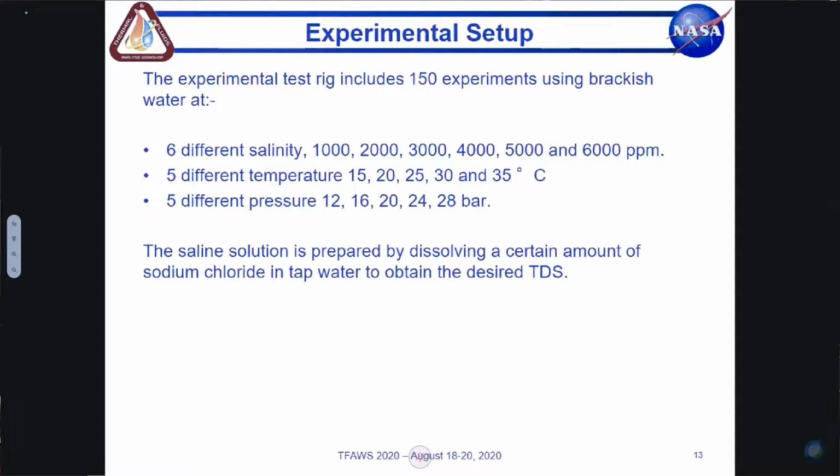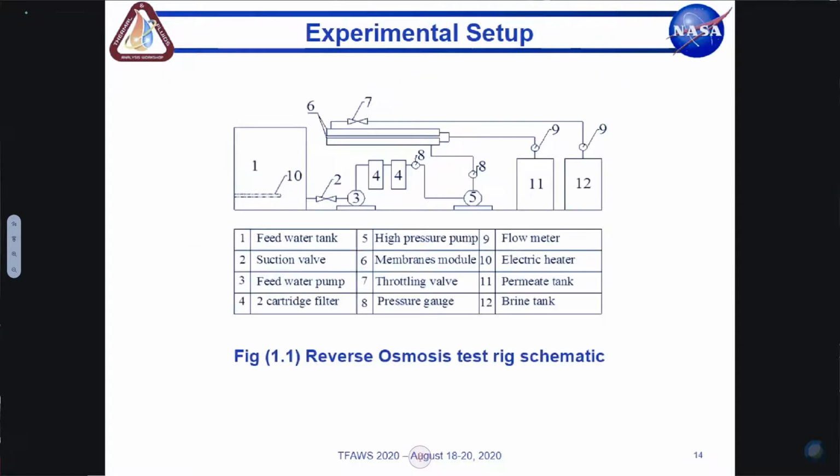After that, we'll do it for 5 different temperatures from 15 to 35 centigrade. And the third will be for 5 different pressures from 12 to 28 bar. The saline solution is prepared by dissolving a certain amount of sodium chloride in tap water to obtain the desired total dissolved solids.